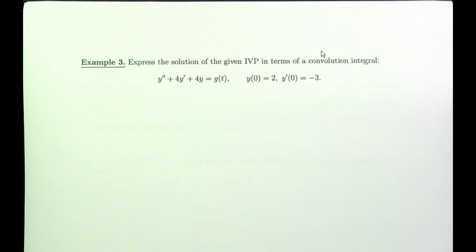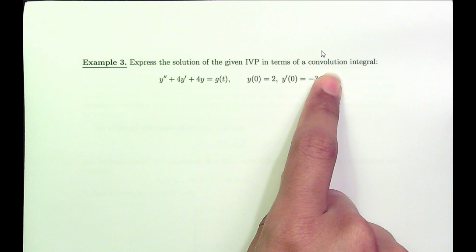Example 3. In this example, we're going to solve an initial value problem. When we solve this differential equation using the Laplace transform method, we're going to run into a spot where we need the convolution product, and we're going to give the final answer in terms of a convolution integral.